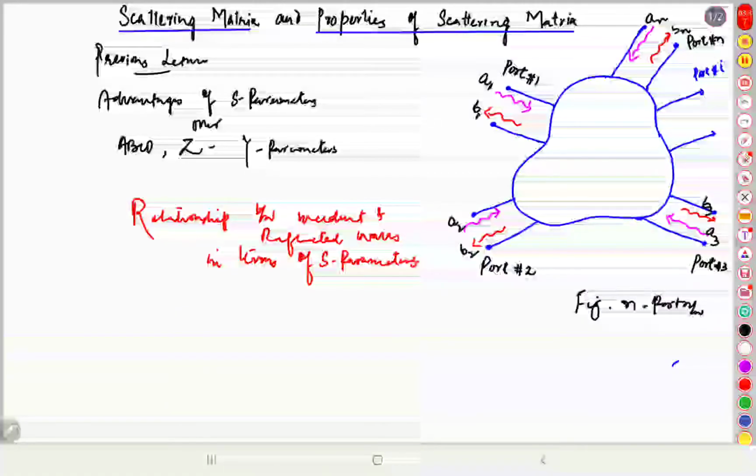Ai would correspond to the incident wave in general and Bi would correspond to the reflected wave.